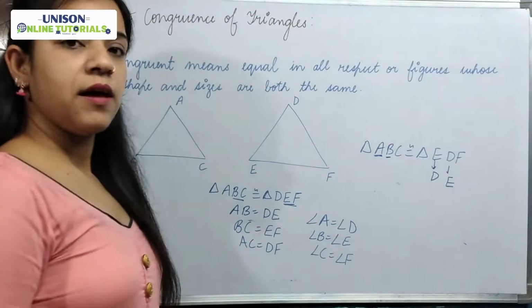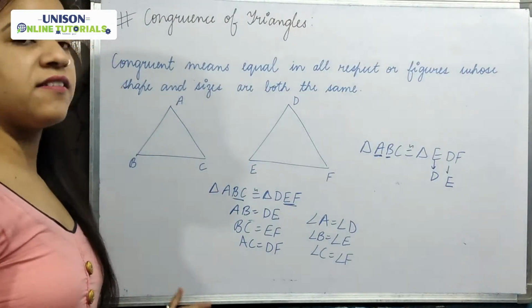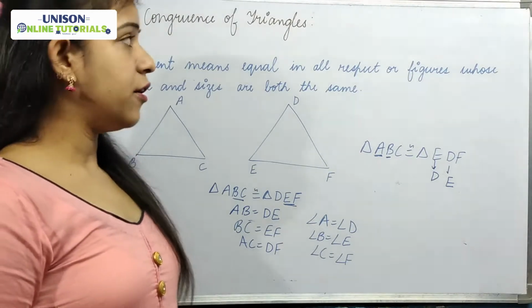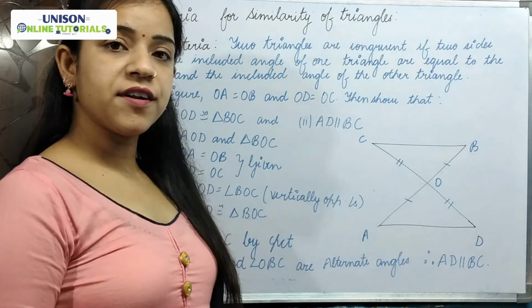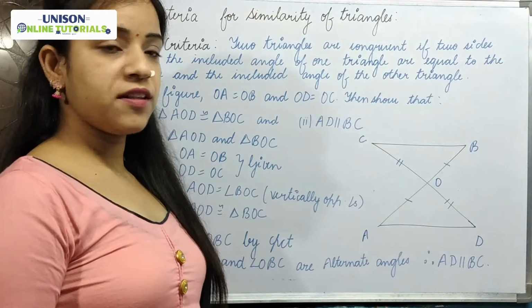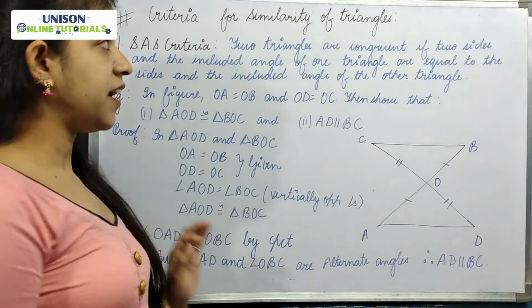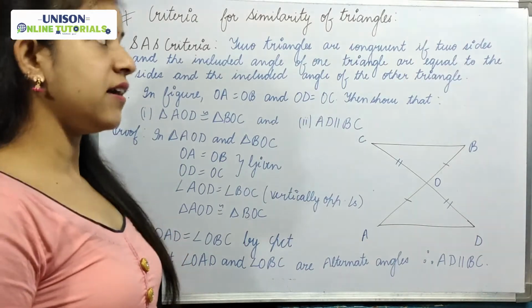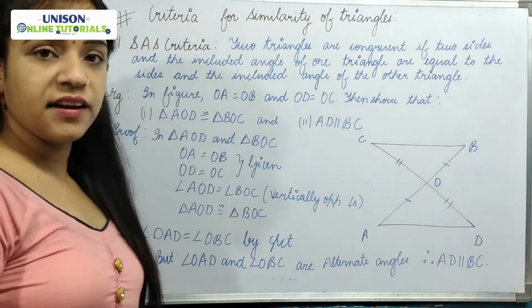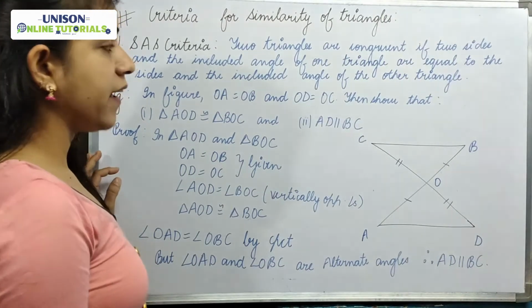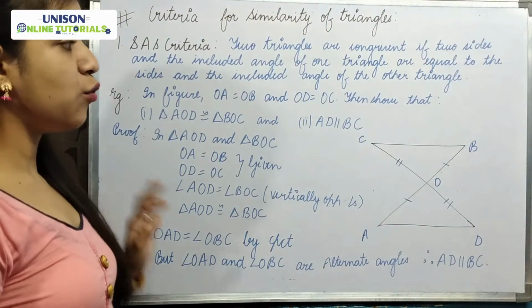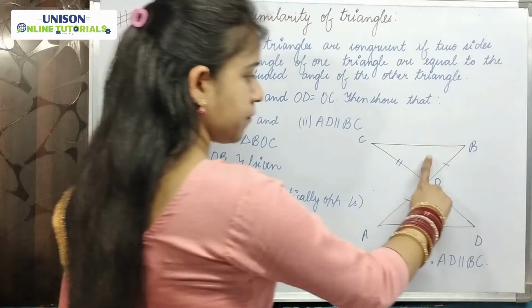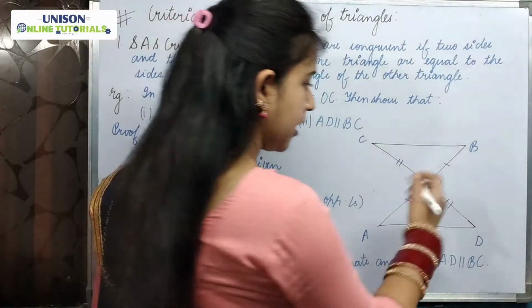So now we will discuss criteria for congruency of triangles. First criteria, that is SAS, side angle side criteria.